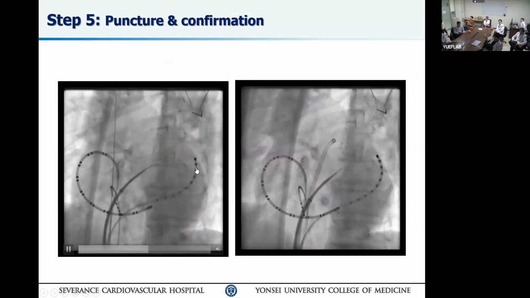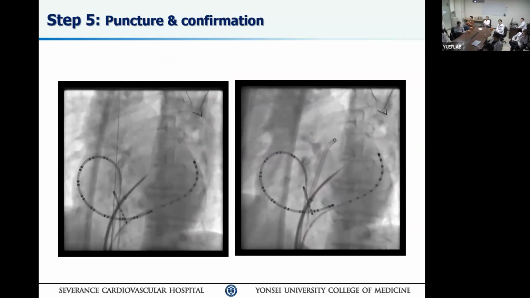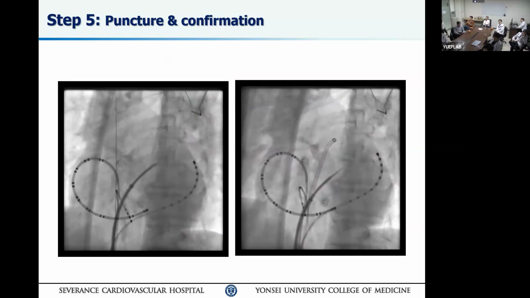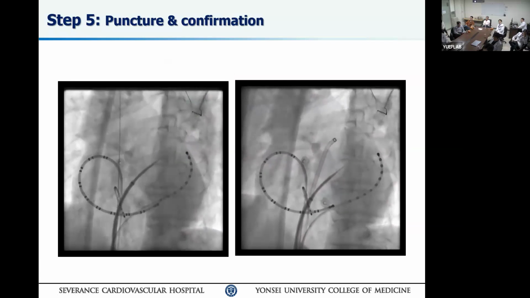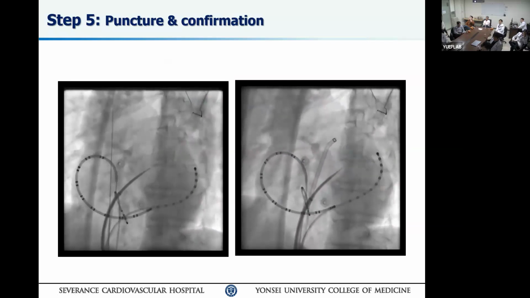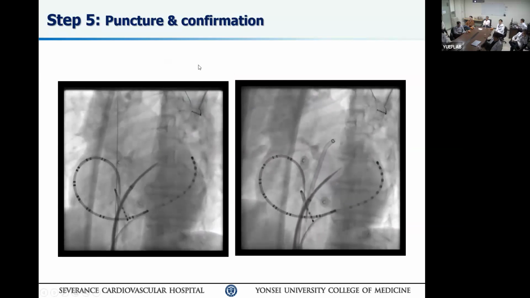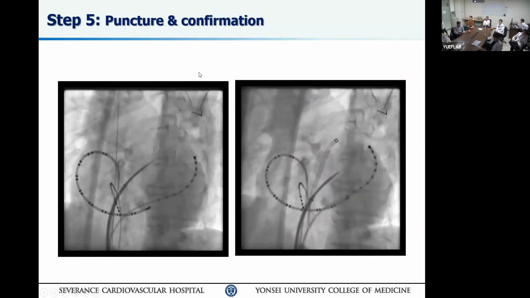After the transseptal apparatus engages the fossa ovalis, and you see this RAO and the other view, and after you have checked all of the anatomical landmarks and aimed, you're going to perform transseptal puncture.